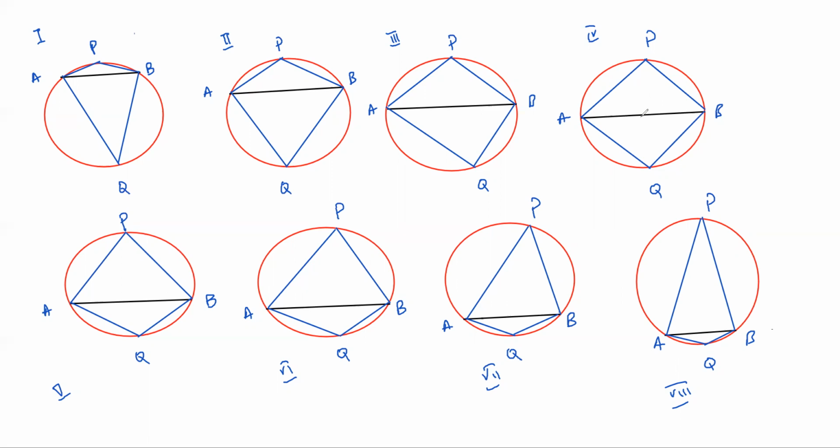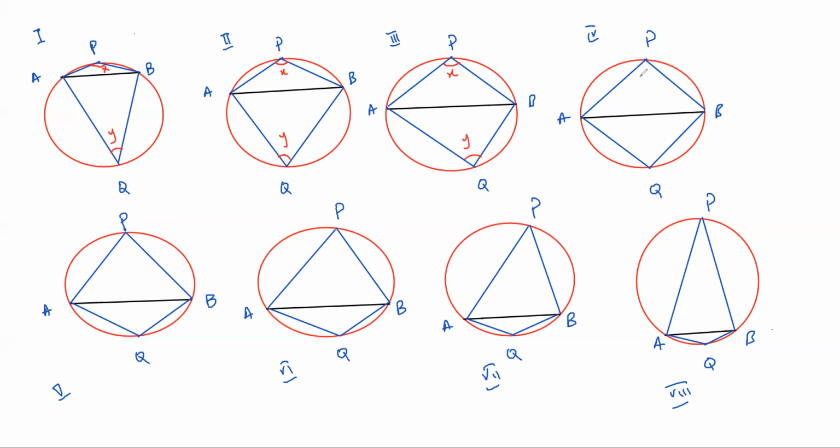If I name this angle APB as X, this is angle X here, and here is the angle Y. So what is happening to the angle X if we look at this diagram carefully from circle number 1 to circle number 8?